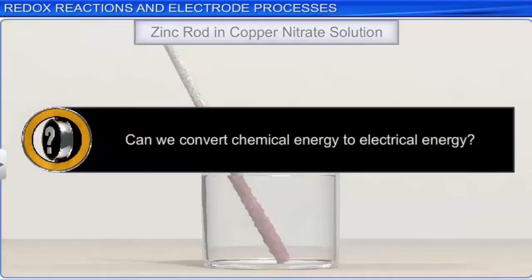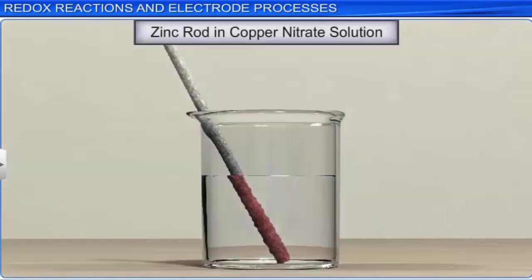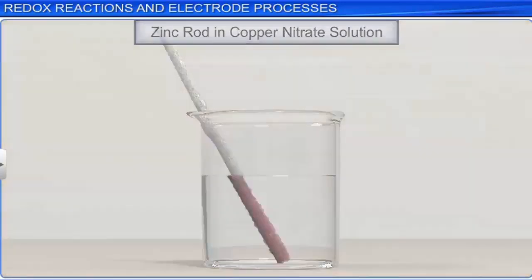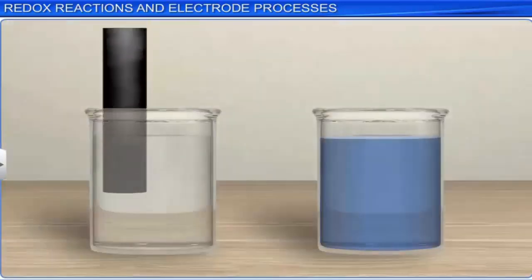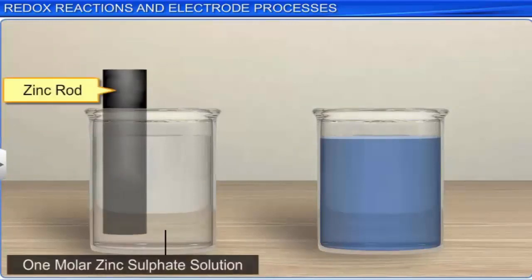Think about it. Is it possible to convert the chemical energy into electrical energy? Yes, it is. Let's see how. We place the zinc rod in 1 molar zinc sulfate solution.